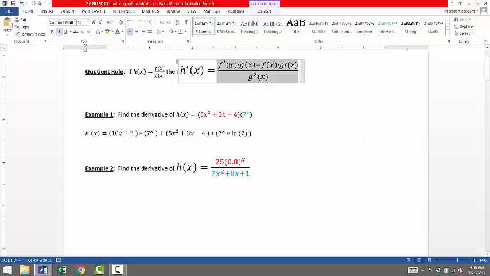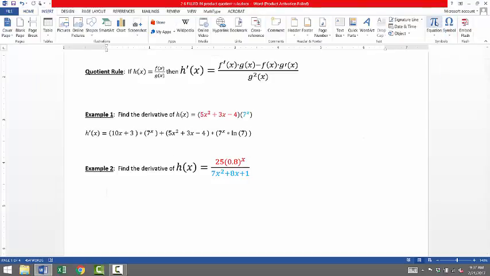The quotient rule says the derivative of h is f prime g minus f g prime over g squared. Notice again, derivative of the top times the original denominator minus original numerator times derivative of the denominator, divided by the original denominator squared. Again, it's setting up this template for you to find the derivative.